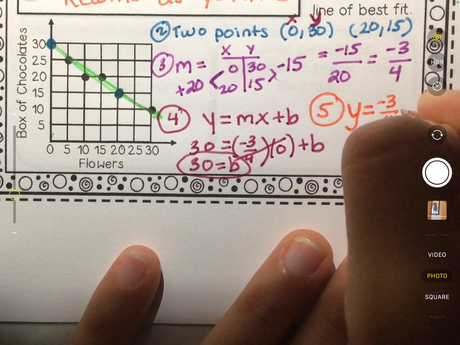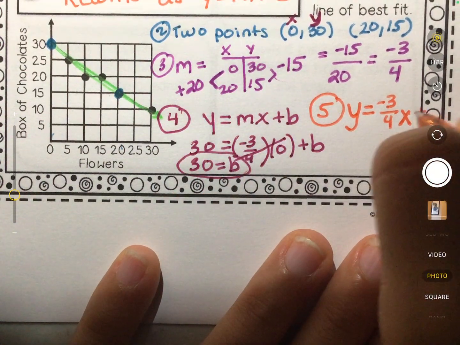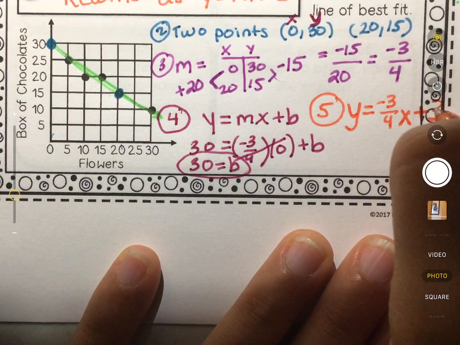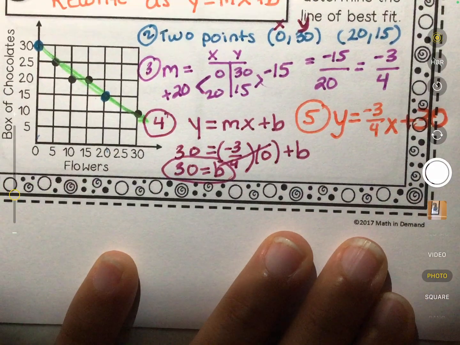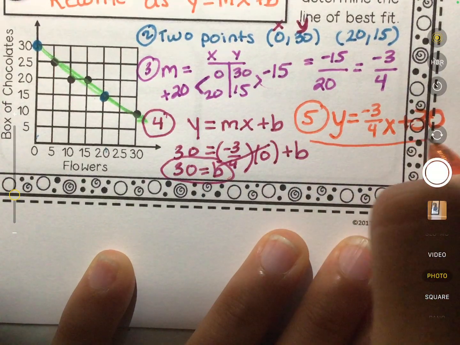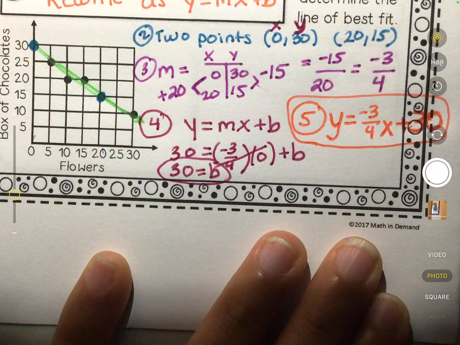X, we don't put a number in for. And B is 30, so plus 30. So our equation is y equals negative 3 over 4x plus 30.